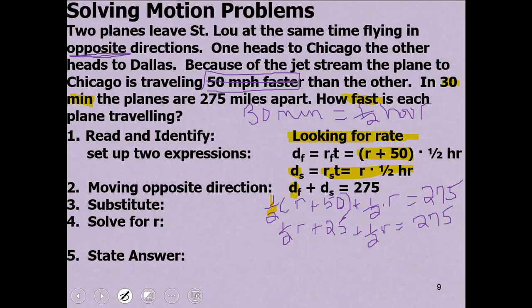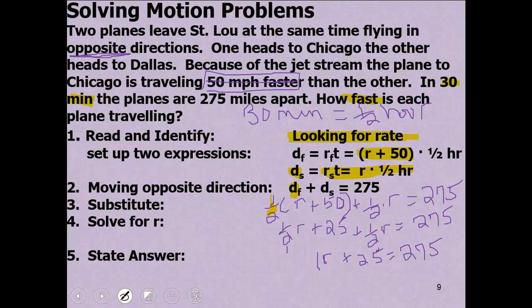I'm going to combine like terms, 1/2 R and 1/2 R. Here's a half of an R, and here's a half of an R. So that gives me 1 R, or just R, plus 25 is equal to 275.